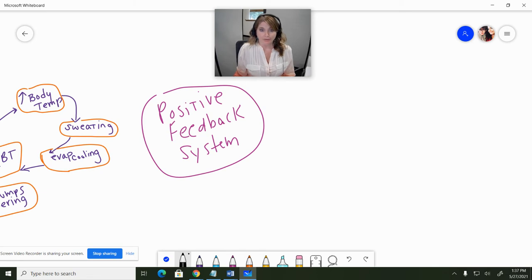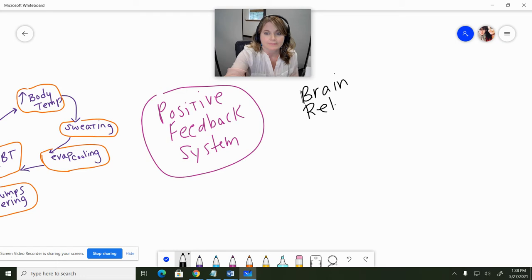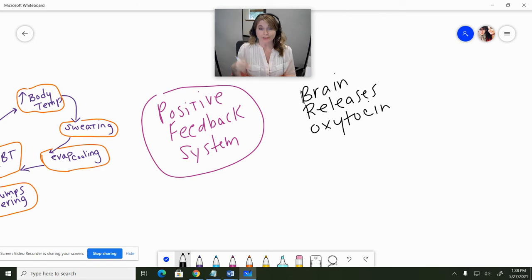So, in childbirth, childbirth is typically started through a release of a chemical, a hormone in your body called oxytocin. So your brain releases oxytocin. Oxytocin is a hormone that triggers contractions in the uterus.